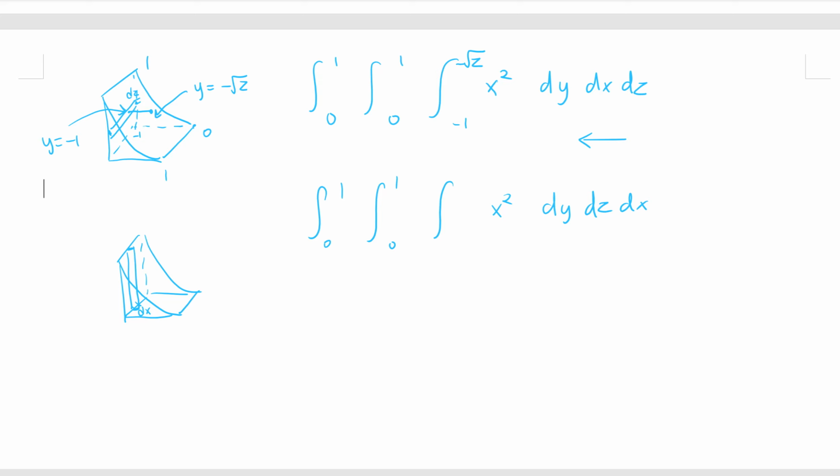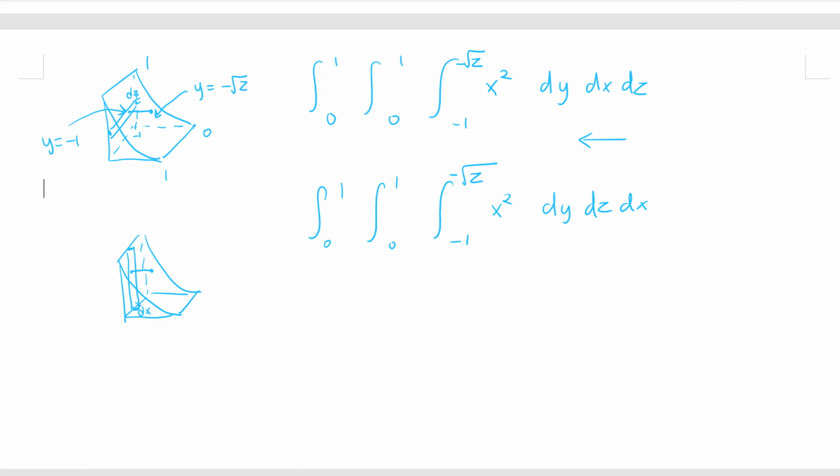And then on this rectangle, we go in the y direction. So y goes from -1 to this point, which is still negative square root of z. So far so good, everybody. Now we have finished the 5 other ways of writing this triple integral.